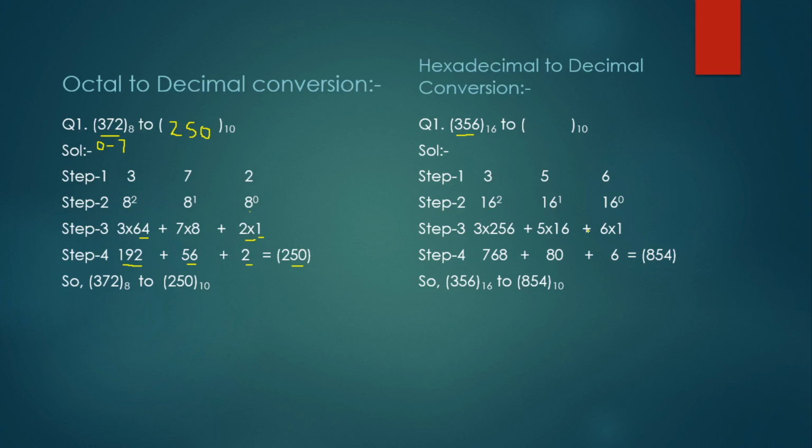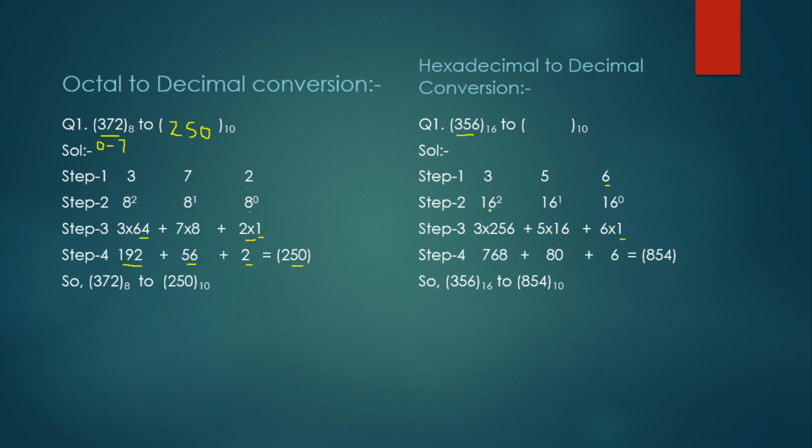Now in step 3 you have to calculate the value of each positional weight and multiply by the corresponding digit. So 16 raised to power 0 is 1, and you multiply 1 by 6. Now plus sign. 16 raised to power 1 is 16, and you multiply it by 5.